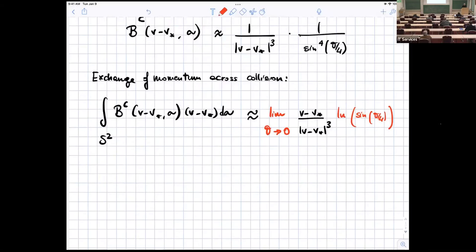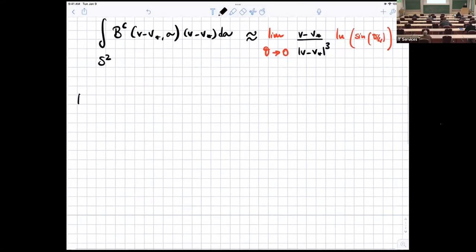This problem was actually known by Landau. He was studying hot plasma, and in hot plasma one of the main characteristics is that particles can collide from very large distances in the velocity space, and this collision actually changes their state very little. So the exchange of momentum is very small.